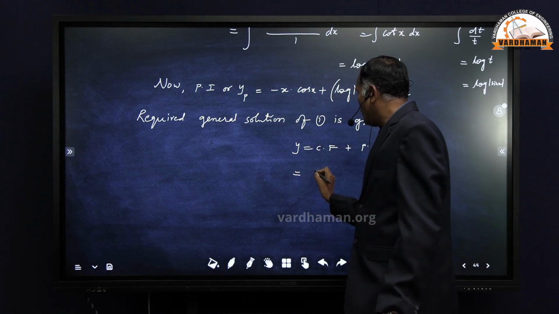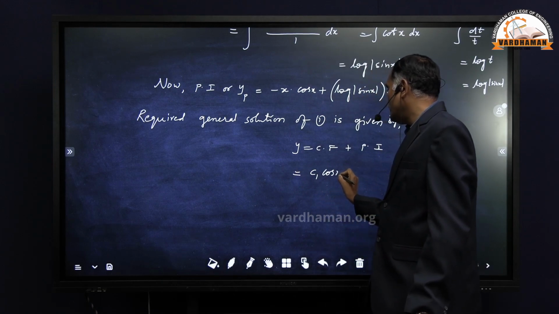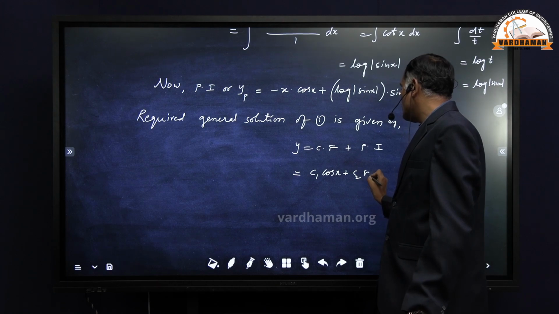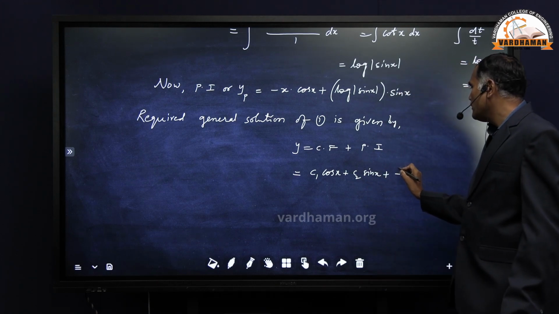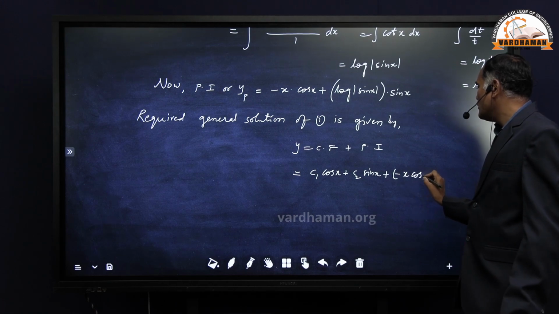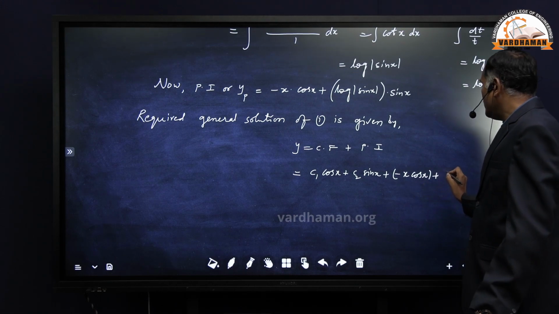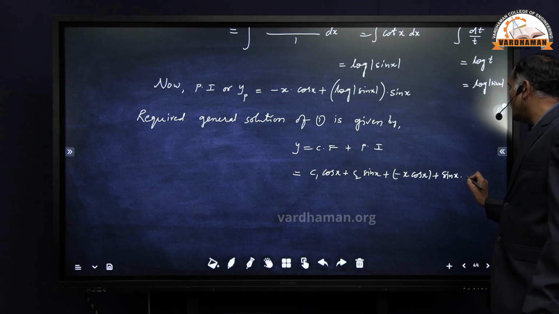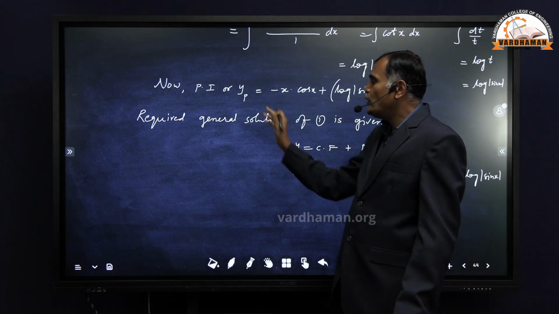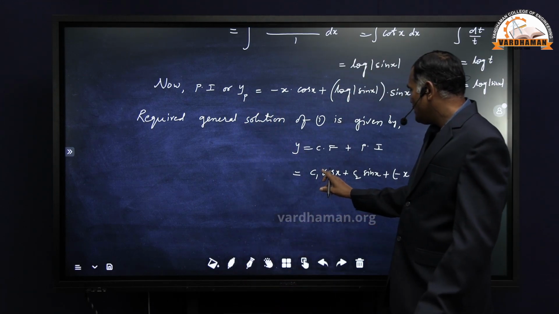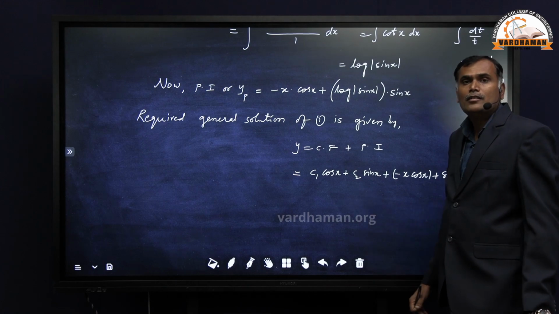In this case the complementary function is c1 cos x plus c2 sin x. Now PI is given by minus x cos x plus sin x into log of sin x. Now this gives the required solution of the problem. Here c1 and c2 are arbitrary constants.